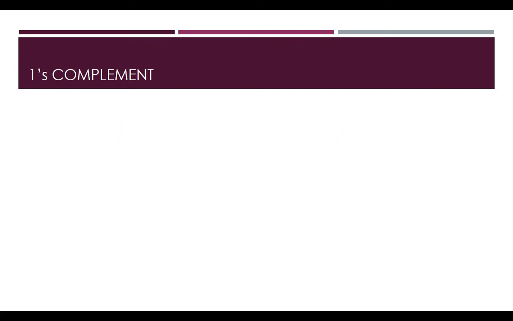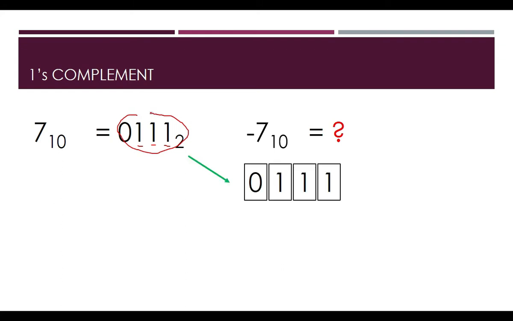Let's take another example. Let's say we have positive 7. In binary, we can write positive 7 as 0111. Now let's look at its value if we turn this into negative 7. For now, we don't know the value yet. To see the representation of negative 7 in binary, we copy this number, and then invert each bit.